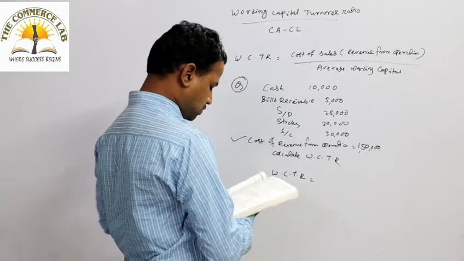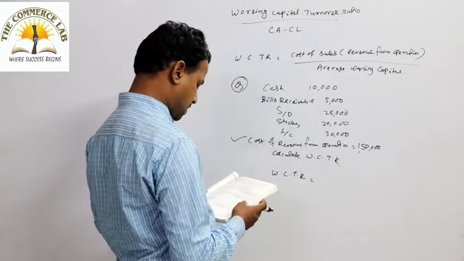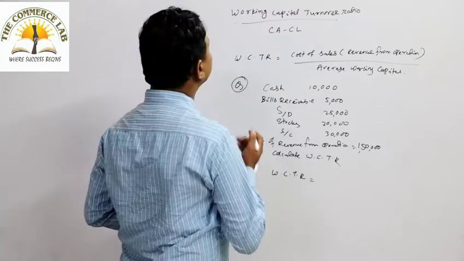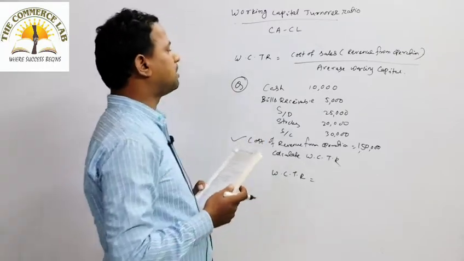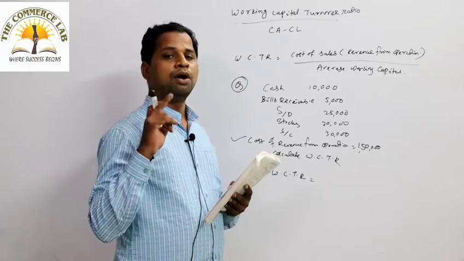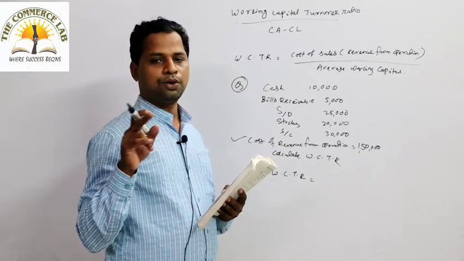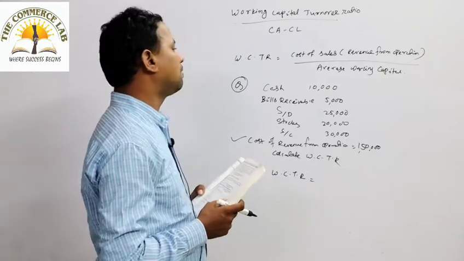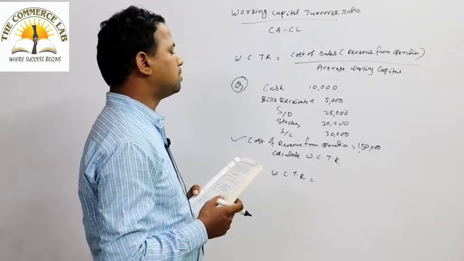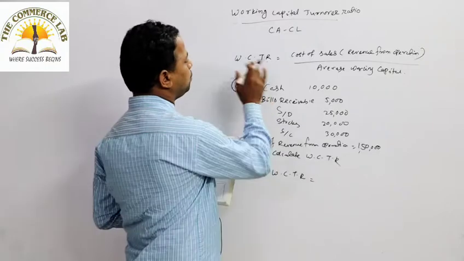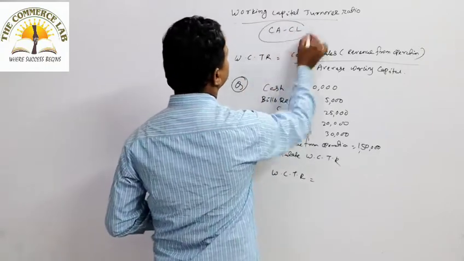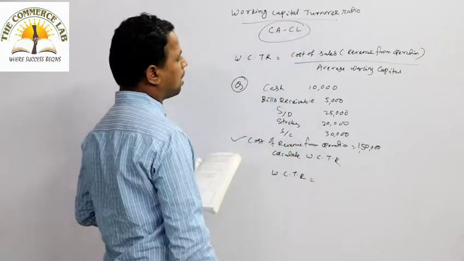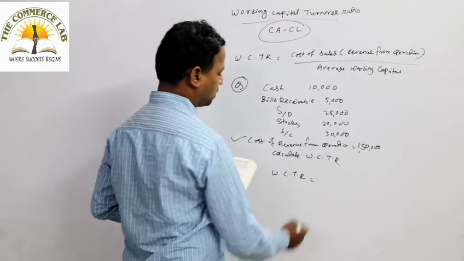Usually while calculating an average, we add x plus y by 2, that is opening plus closing by 2. But in the case of working capital, we should not use that. We have to use this particular formula. Okay, so how to do it, everybody?